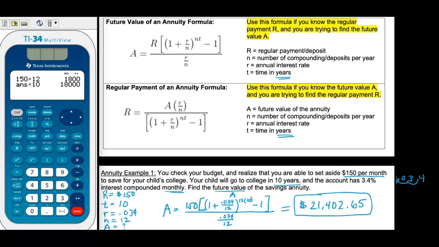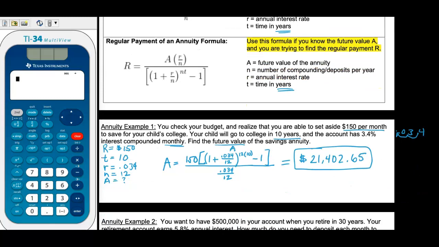Okay, and so I want to just show you real quick how that would look if you had a different calculator or a calculator where you didn't have that N over D button. Another option would be to do this one step at a time. So I'd work on the inside first. So I do 1 plus 0.034 divided by 12.